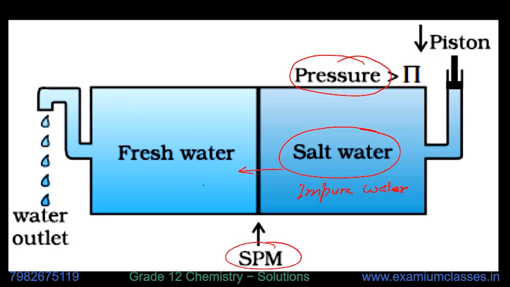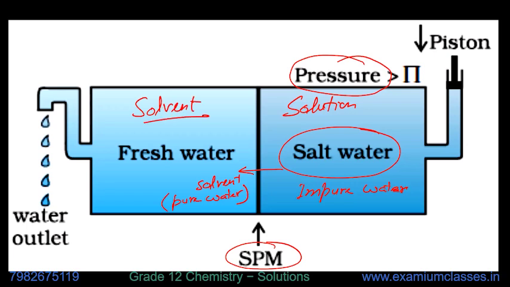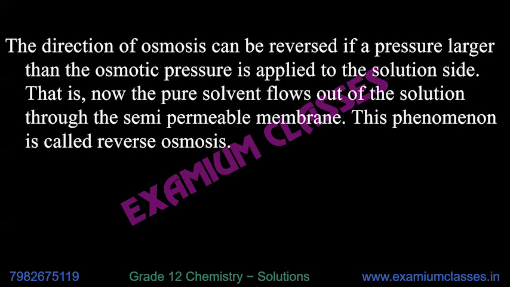Now the solvent, that is pure water, passes from the solution side to the solvent side. This is the solution, this is the pure solvent. The process reversed, that's why reverse osmosis.